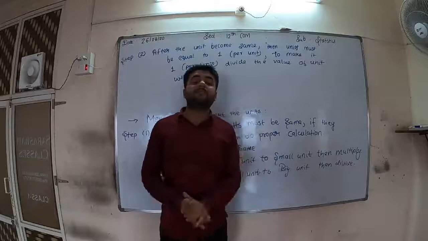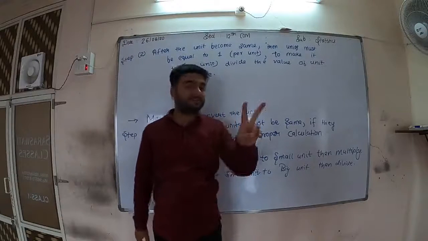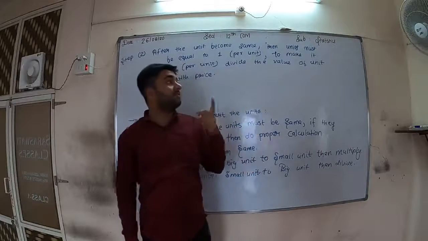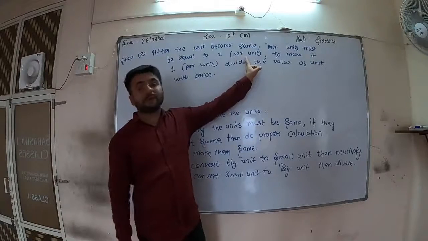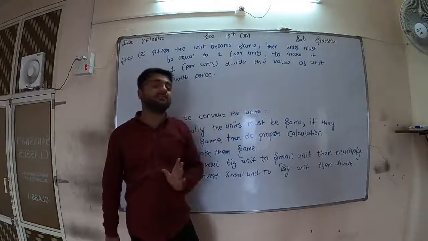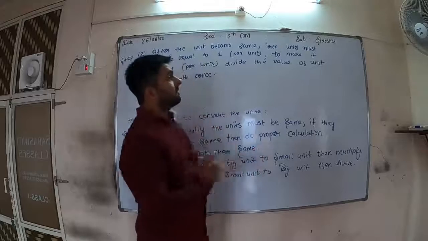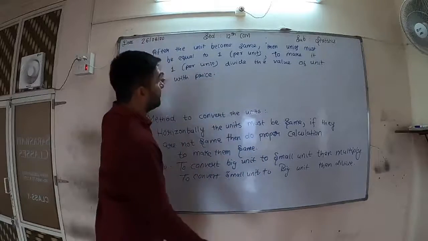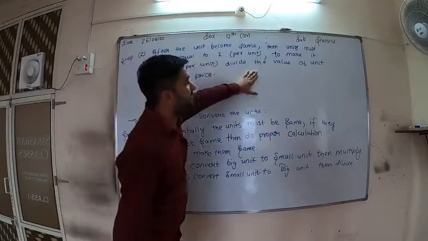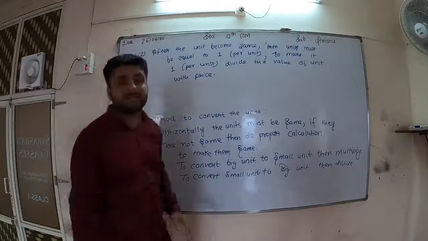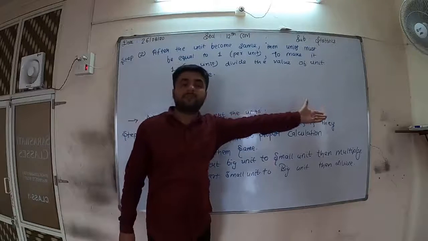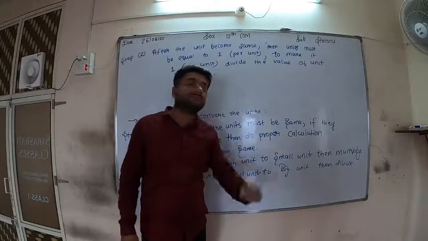Means in sum number 4 itself, the unit is not 1, the unit is 20 kg, as you can see. Now that unit must be 1, means per unit 1 kg or per kg it should be written. If it is not written, then how to make it 1? To make it 1 or per unit, divide the value of unit with the price. Suppose in the fourth sum itself, the first unit is 20 kg.